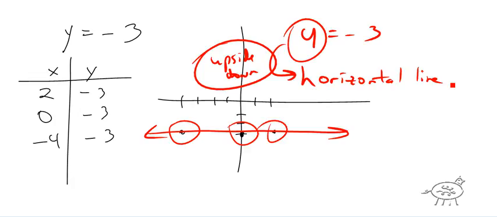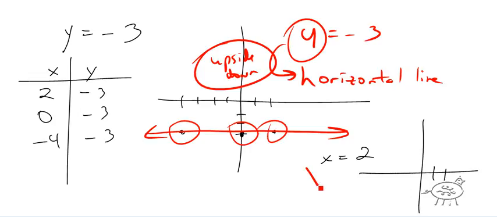Okay, upside down y is a horizontal line. And then what I did before, the x equals, like x equals 2, that is a vertical line, because an x, it's goofy, but an x is made up of, here's one v, and here's the other v. X is made up of two v's, so an x equals 2 is a vertical line.